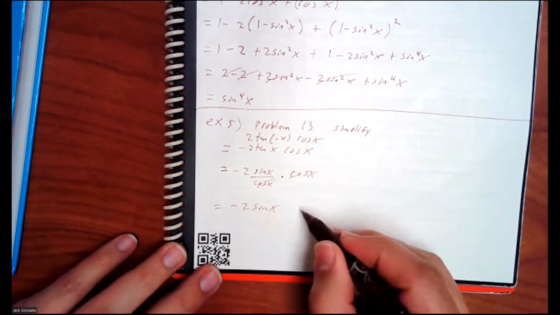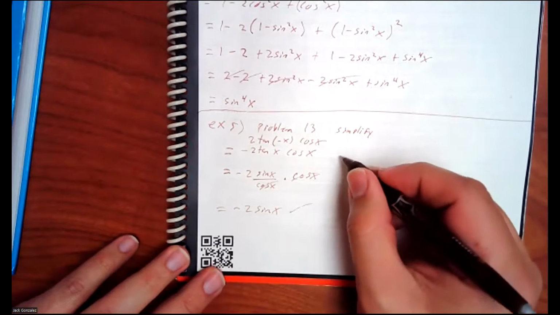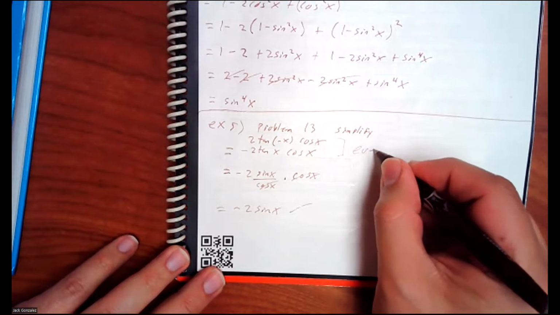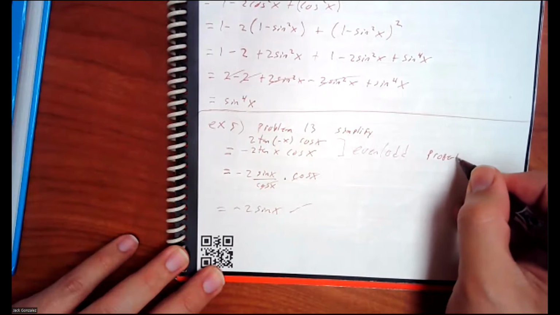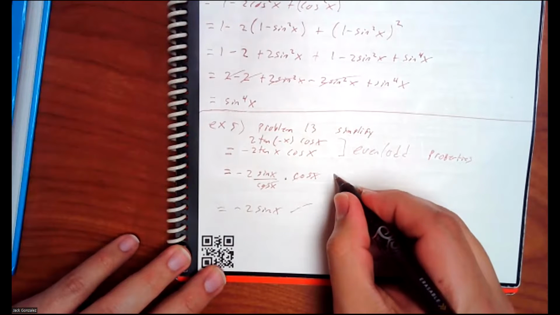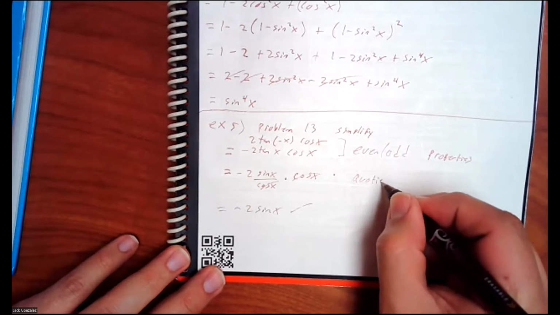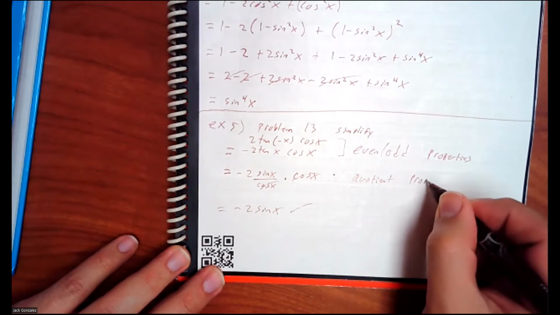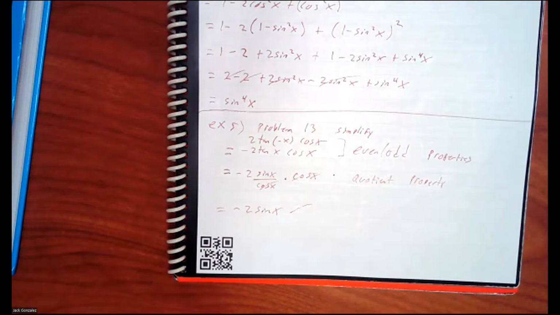That's it. This is simplified. So from here to here, we used the even and odd properties. Here we did quotient. And that was it. We did some algebra. Nothing else.